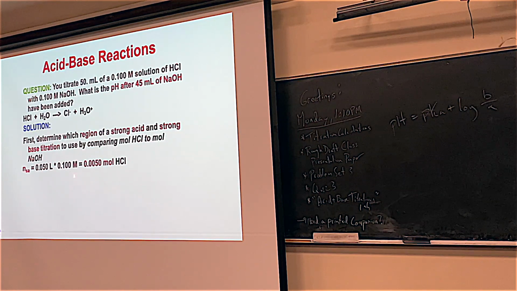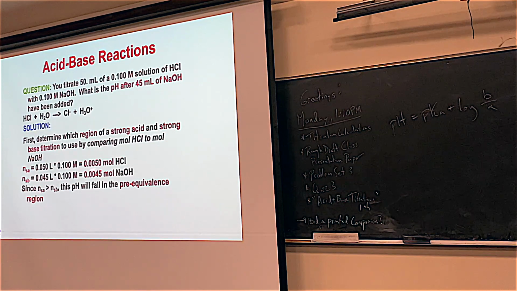Liters times moles per liter will give you moles. And that's all the moles of HCl you have, all the moles of strong acid. At equivalence, the moles of HCl and the moles of sodium hydroxide will be equal. And if you find the moles of strong base here, it's less than the moles of strong acid. So this one is going to be pre-equivalence.